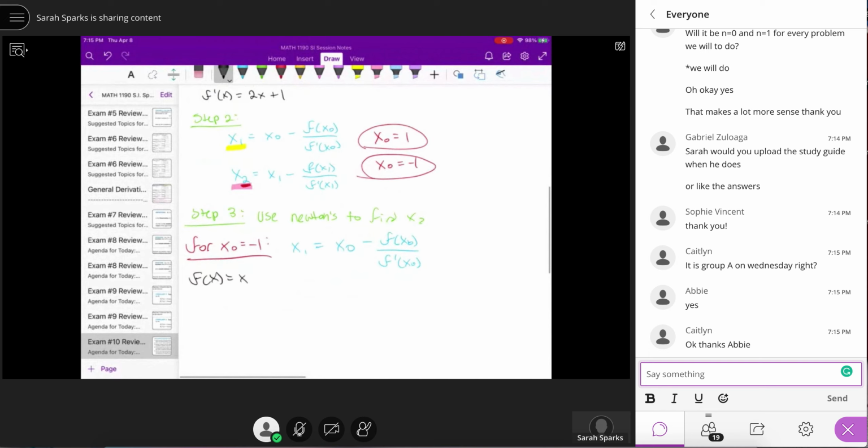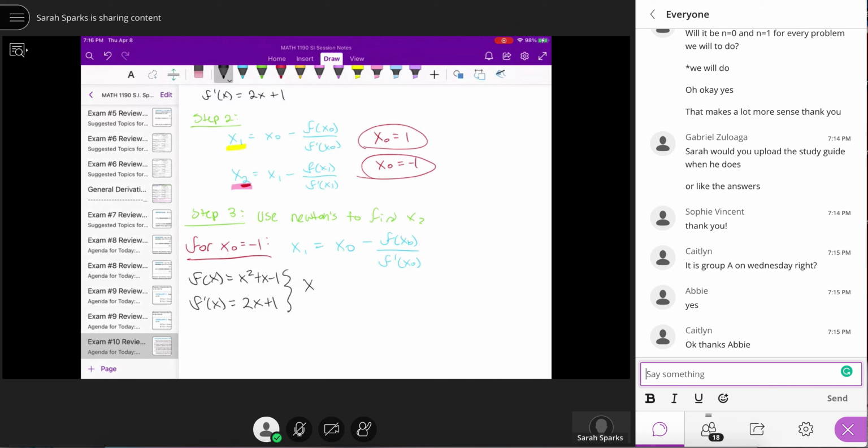f of x equals x squared plus x minus 1. f prime of x equals 2x plus 1. So we're just substituting x0's value into those equations. All I'm going to do is plug in -1 for x0.